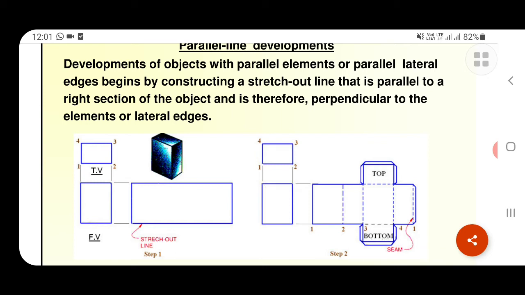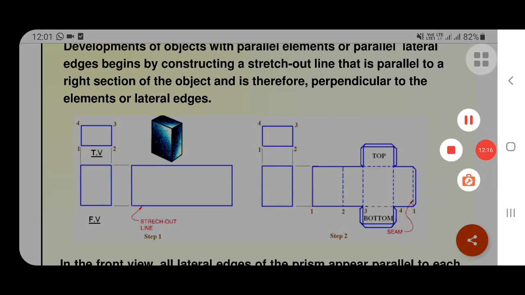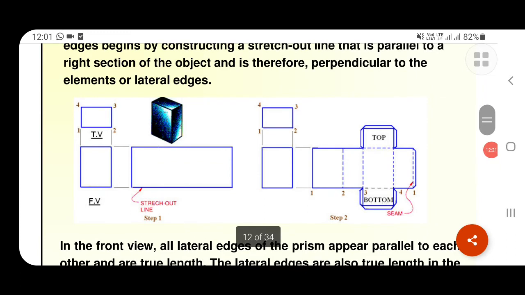The development of an object with parallel elements or parallel lateral edges is constructed by stretching lines parallel to the right section. This is a top section, this is a bottom section, which is perpendicular to the edges. Then firstly draw the front view, top view and side view.